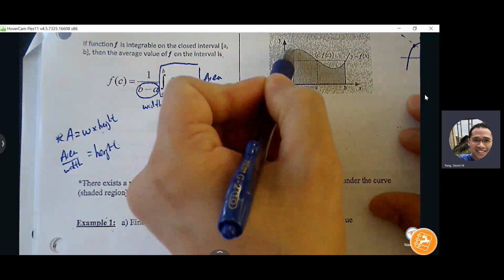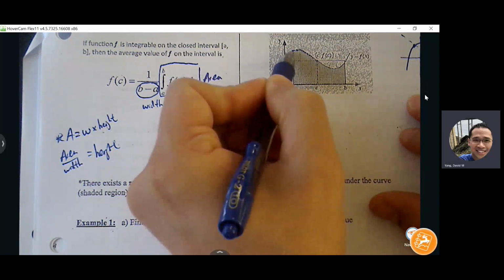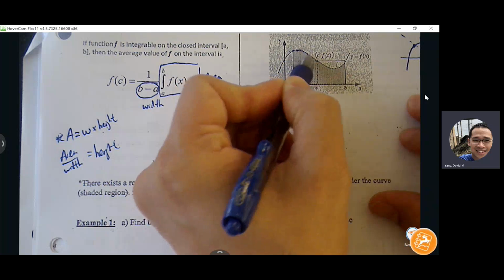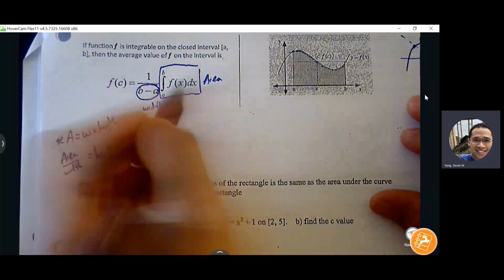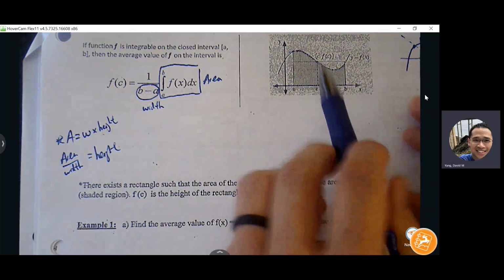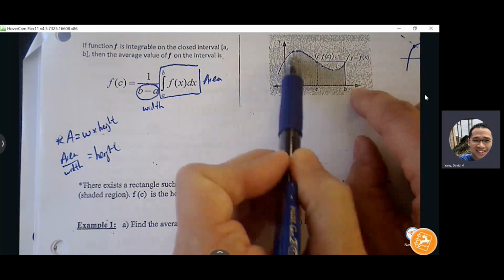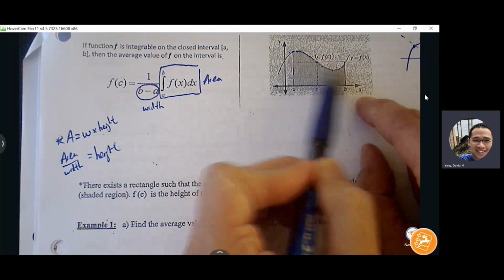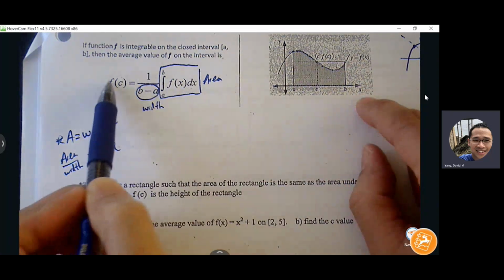If I were to take all these infinitely many different heights and average them all, this formula would give me the average height. In other words, if there was a rectangle that contained the area of this region, then the height of that rectangle would be f of c.